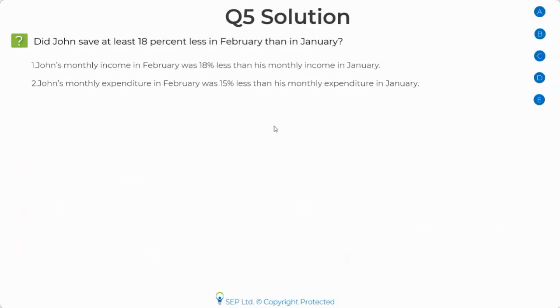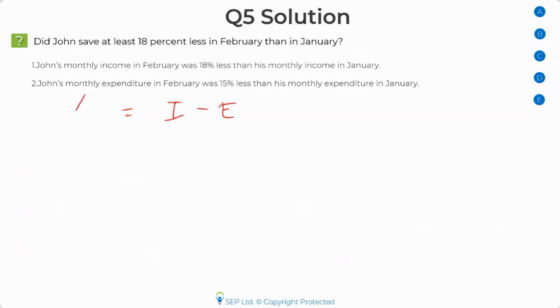So let's do that. Did John save at least 18% less in February than in January? What this question is asking me is about the savings of John. Savings is equal to income minus expenditure.